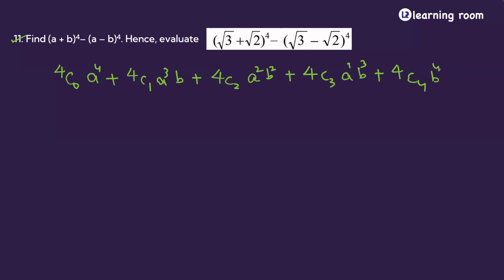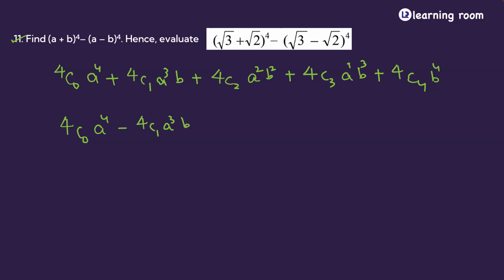Next one, (a-b)^4 is 4C0 a^4. So it is understood that you will have minus plus. For this problem, I'm directly taking it because there are only 5 terms. So minus 4C1 a^3 b. You would have understood this minus b is derived from this term, because it is minus b power 1.